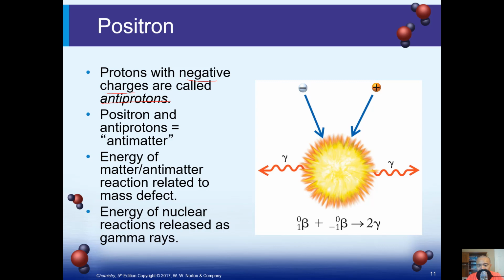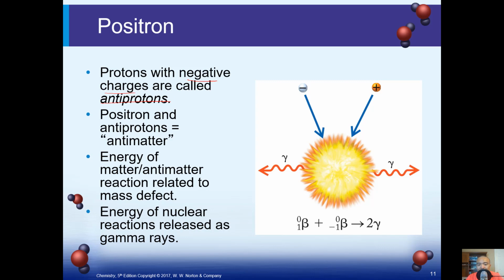All the mass of the particle is converted into energy in this process of the collision between a particle and antiparticle. The amount of energy associated with the annihilation reaction can be calculated from Einstein's equation, E equals delta m times c squared, in which all the mass is converted to energy.